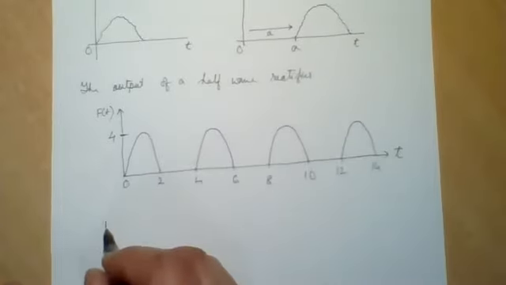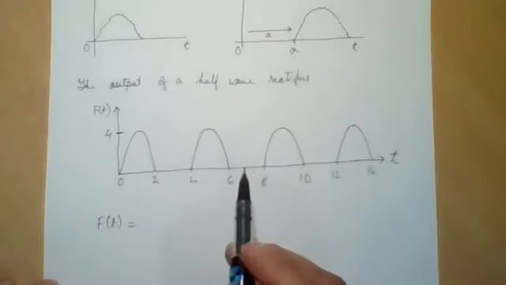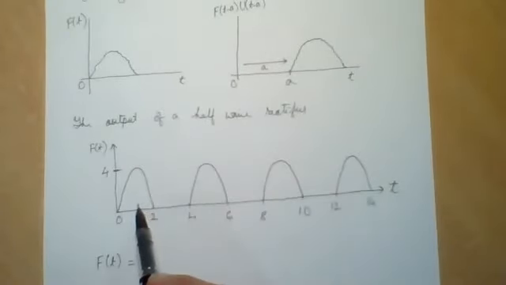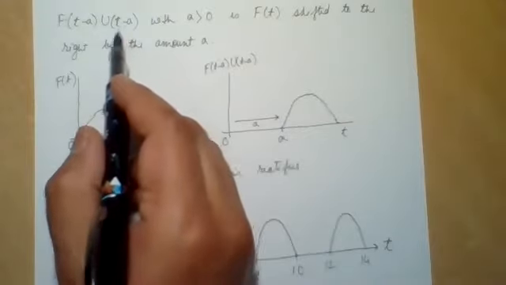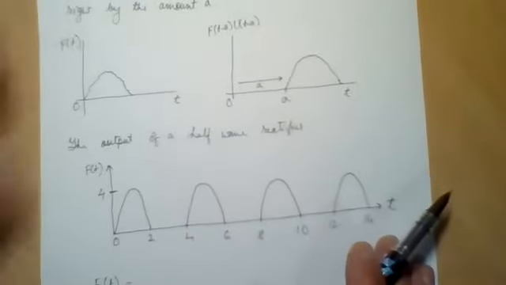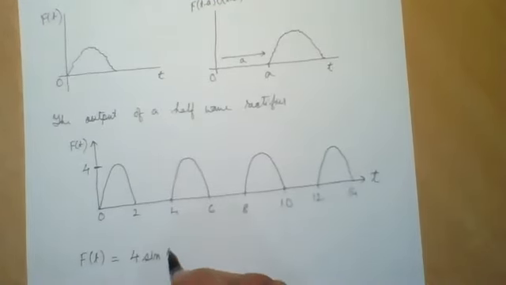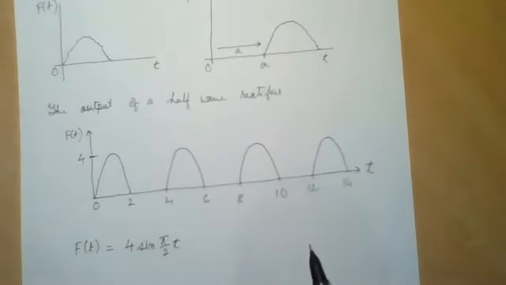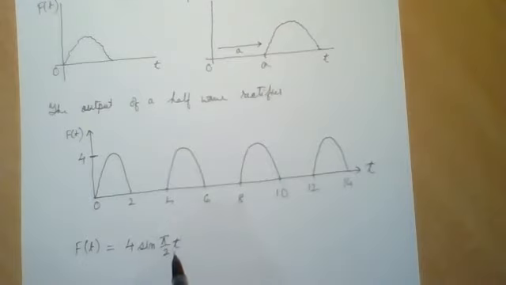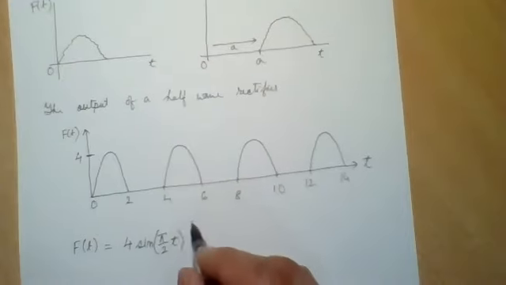Then this function f of t can be written in terms of sine and the unit step function in this form. It can be written as a sum of many unit step functions, like this: 4 sine omega t, where omega is pi by 2.